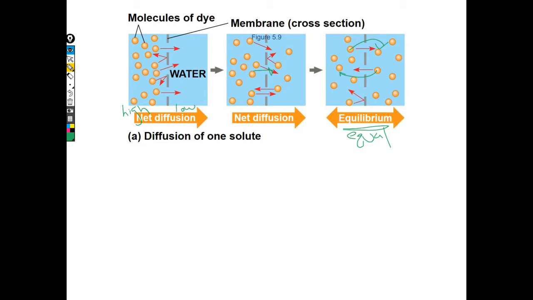So somebody asked in the chat, how are you sure if there is no movement at equilibrium? Like, how can you tell? You mean how could you tell if the cell was dead? I'm not sure I understand the question. Can you rephrase it for me?